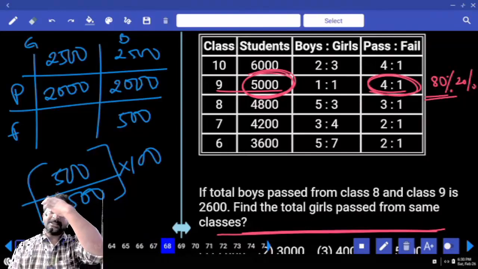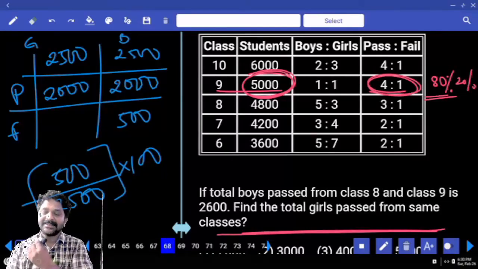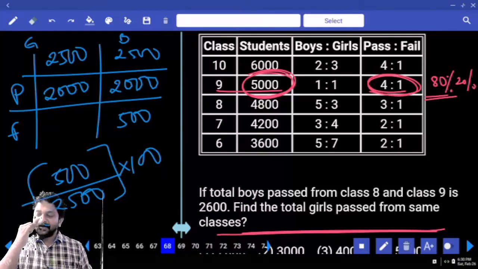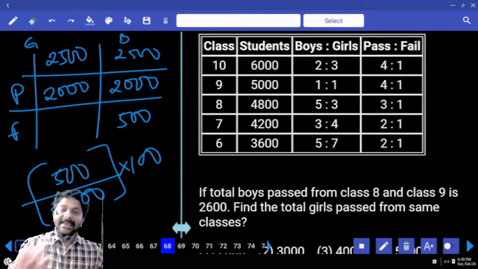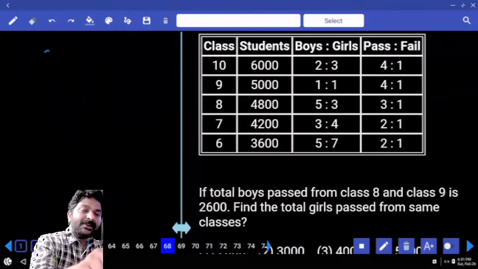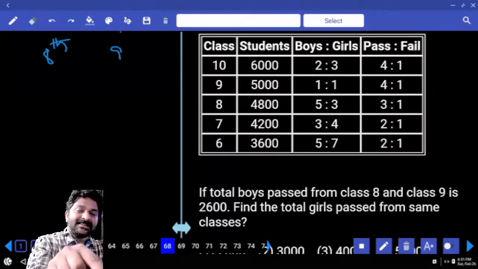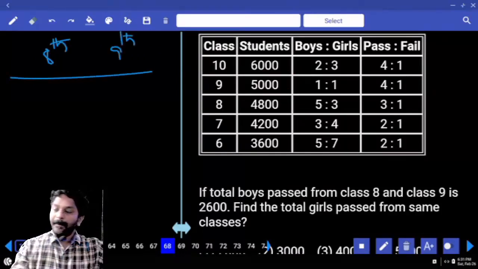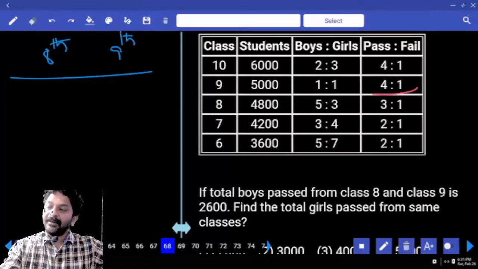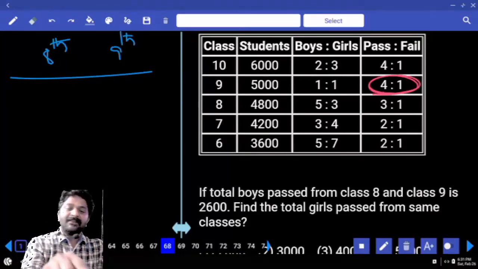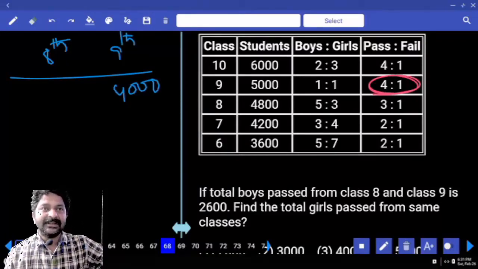If total boys passed from 8th class and 9th class is 2,600, find total girls passed from the same classes, 8th and 9th. Okay. So in 8th class and then 9th class, let's calculate separately. Pass candidates are, just now we calculated for previous question from 9th class, it was 4,000.